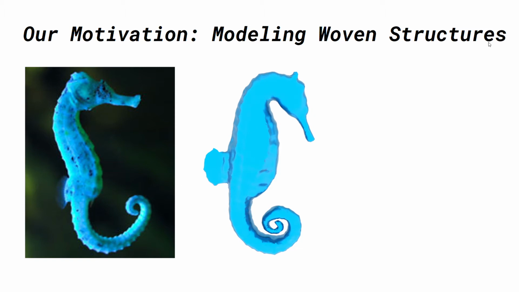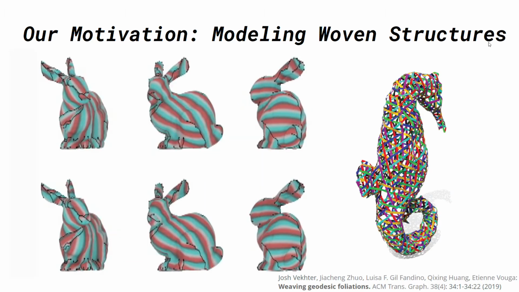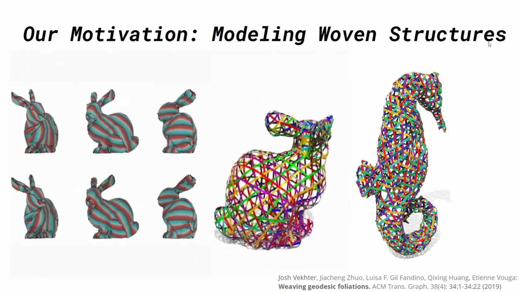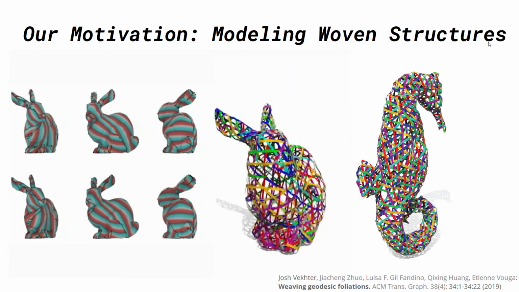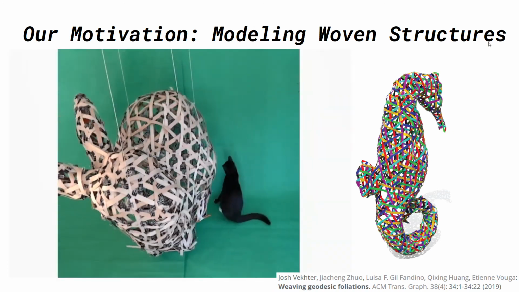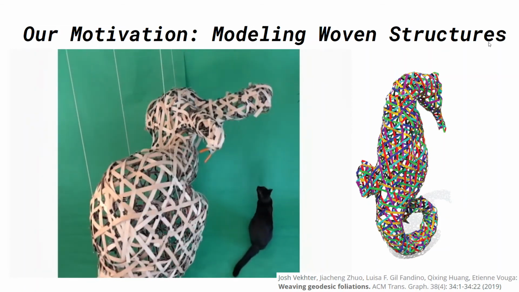And we asked, well, could you take that 3D model and weave something out of ribbons to resemble that geometry? And after spending quite a bit of time developing a pipeline, we arrived at this, which lets you take an arbitrary 3D model, like this Stanford bunny, and generate instructions to fabricate it in real life out of ribbons.